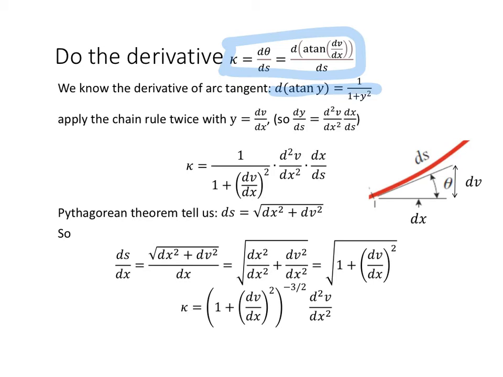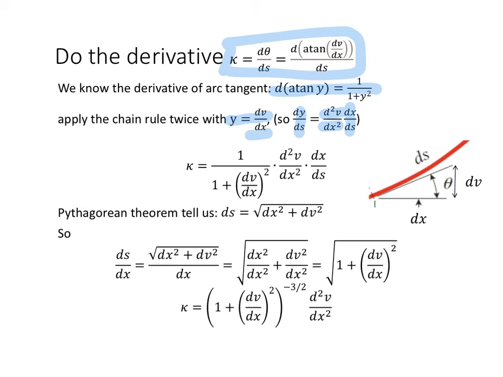So if we apply the chain rule twice with y equals dv dx, keeping in mind the chain rule, dy ds will equal d squared v dx squared, that is the derivative of dv dx, times the derivative of what's on the inside, dx ds.